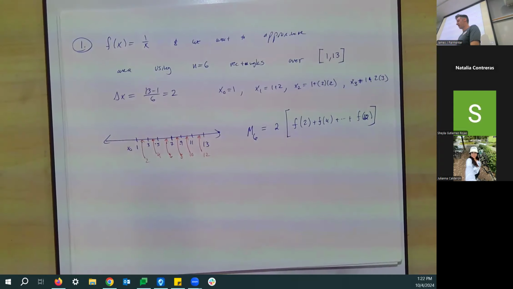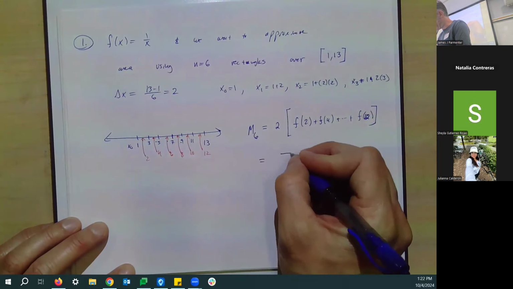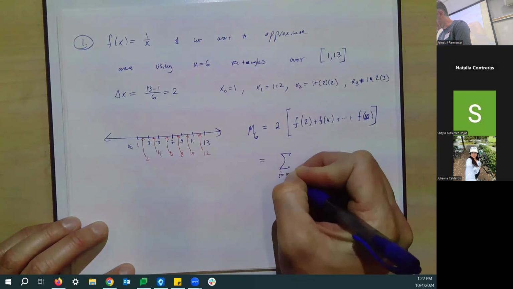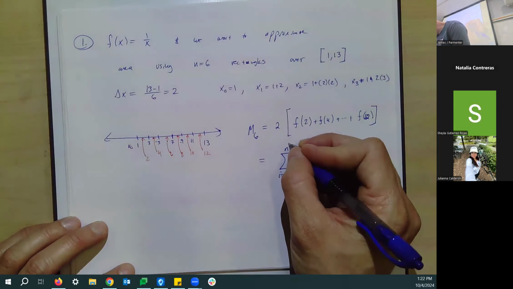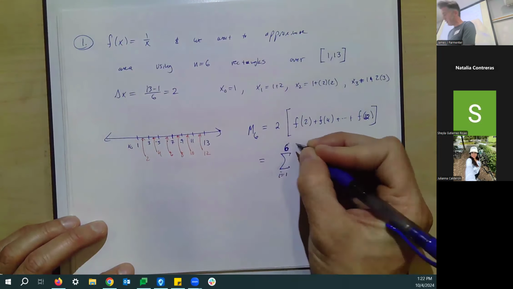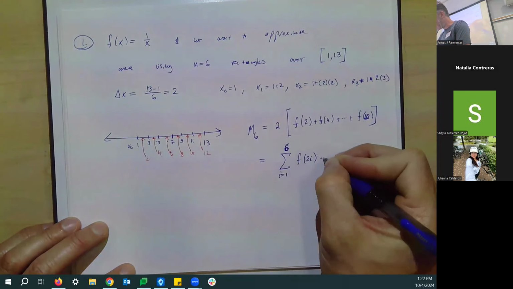And if you want to compress it, you could write it as the sum from i equals 1 to 6, because it's 6 subintervals, of f of 2i all times 2.